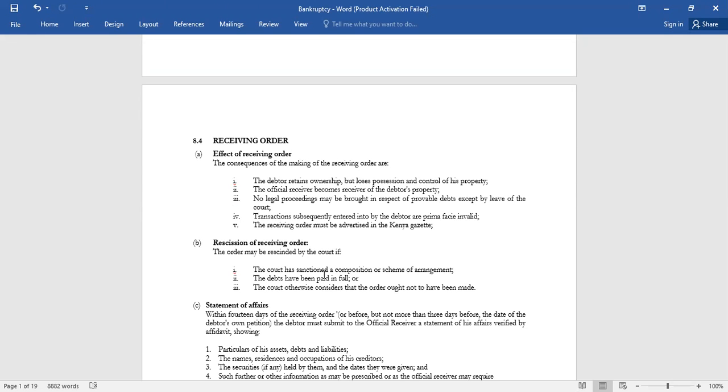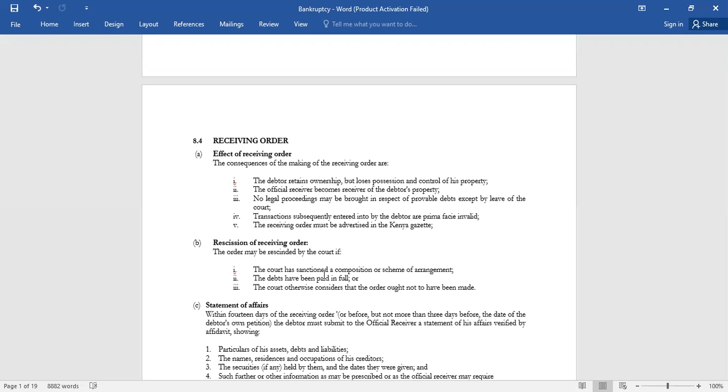Two, the official receiver becomes receiver of the debtor's property. You can see how powerful this OR is. Three, no legal proceedings may be brought in respect of provable debts except by leave of the court. So no sooner than we dish out the receiving order to the OR, the matter becomes legal. So no one can go ahead and bring something up on that property.